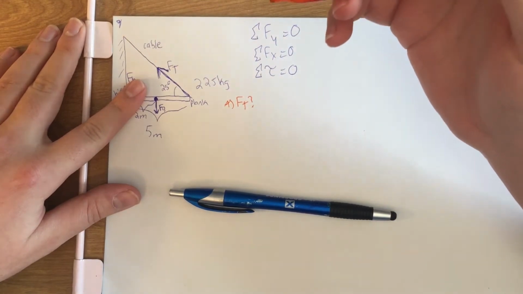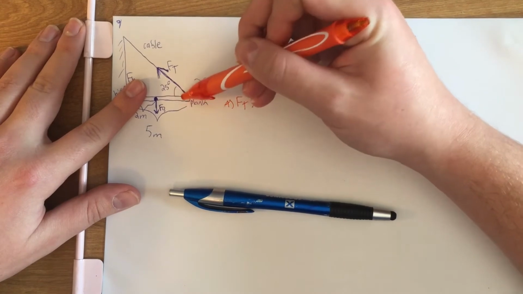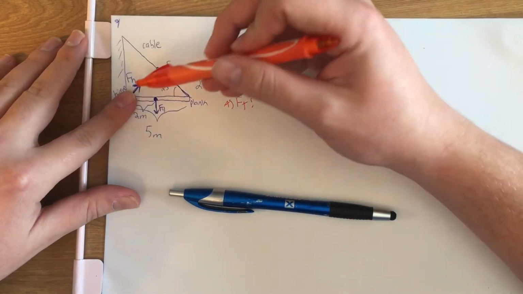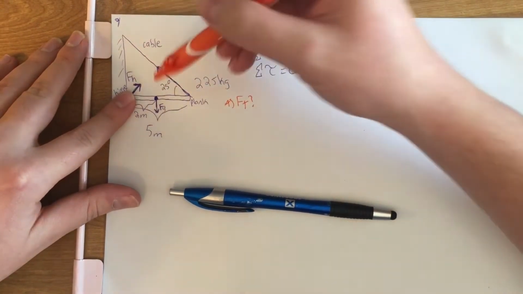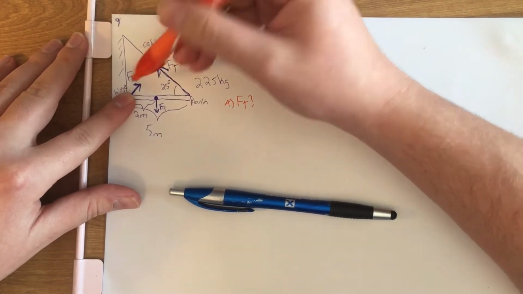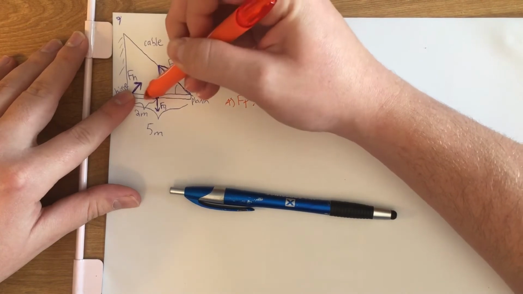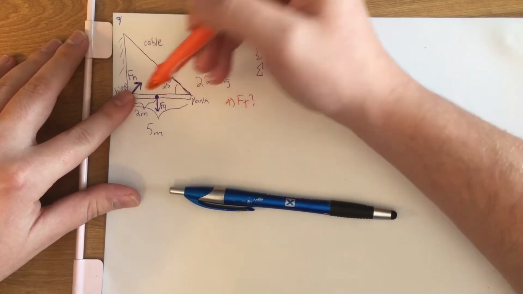Which direction should the force of the hinge point to cancel out the x component of this tension? Yeah, the hinge should point partially to the right in order to cancel out the x component pointing left from tension. Now I also drew it up just because it's going to be helping hold this plank in place, and we'll see later how to show that this is also pointing up.